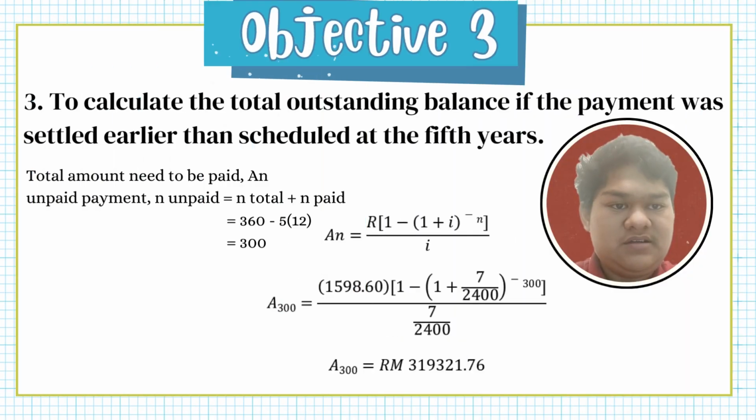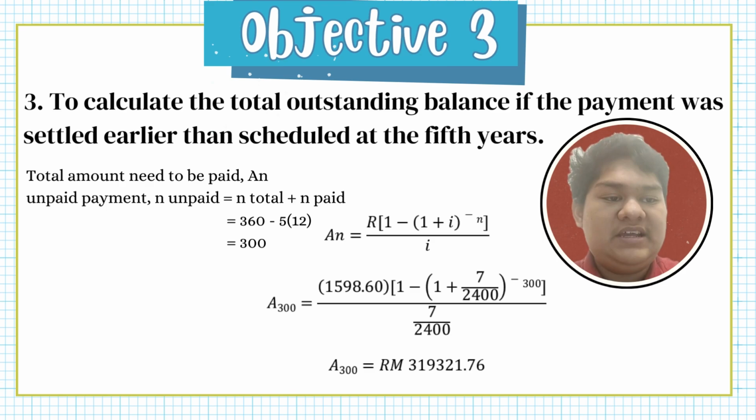Objective 3, to calculate the total outstanding balance if the loan was settled earlier than scheduled at the 5th year. A_n equals R times in bracket 1 minus in bracket 1 plus I close bracket to the power of negative n close bracket divided by I. A300 is equal to 1,598 ringgit and 60 cents times in bracket 1 minus in bracket 1 plus 7 over 2,400 close bracket to the power of negative 300 close bracket divided by 7 over 2,400.